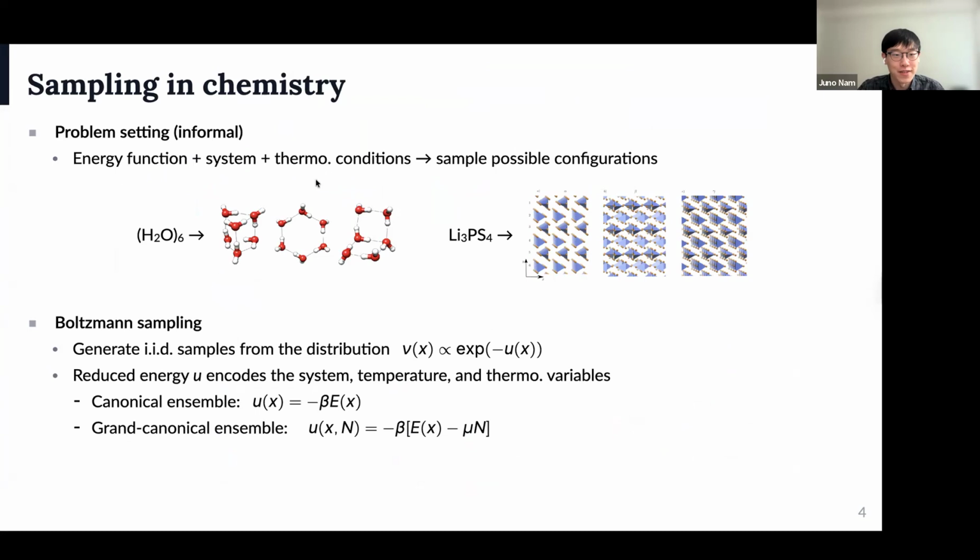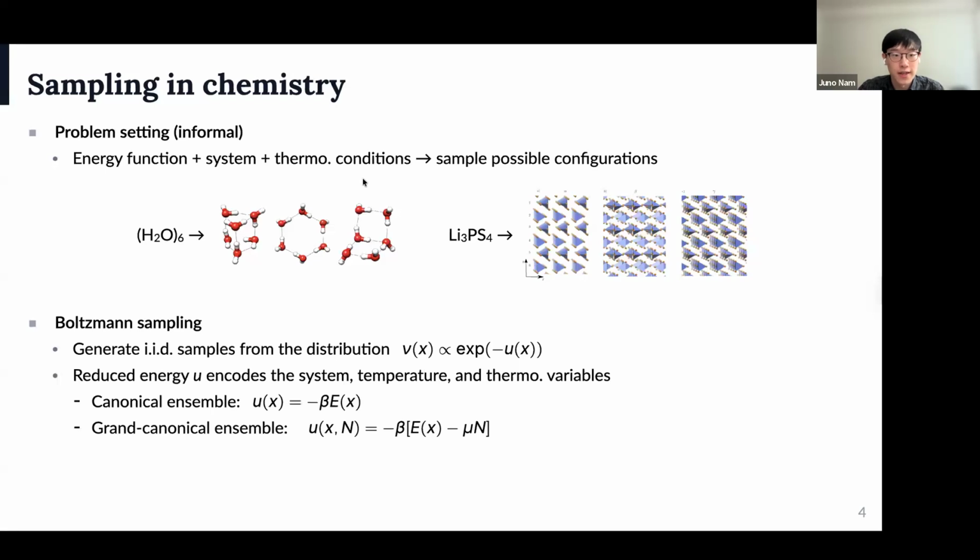For example, if our system is 6 water molecules, then we want to sample different configurations of 6 water molecules that are organized in space. Another example is lithium phosphate, where we want to sample different polymorphs, so different arrangements of atoms in periodic space. And also we want to know which of these configurations are more favorable in the given thermodynamic conditions.